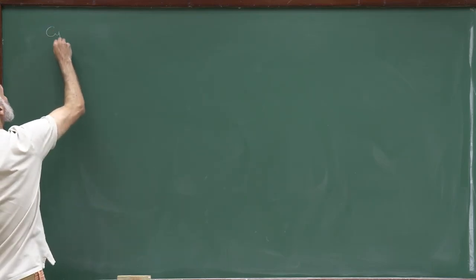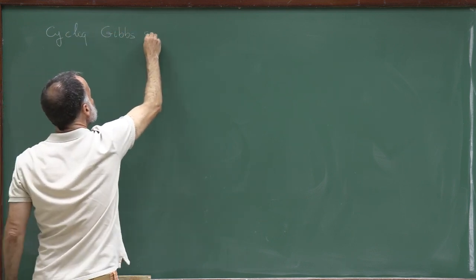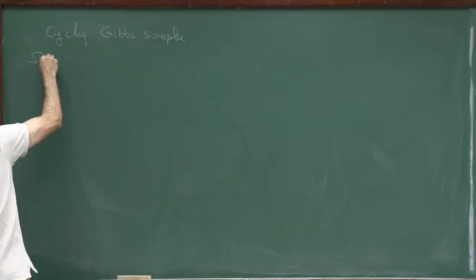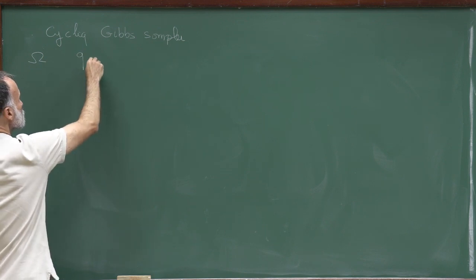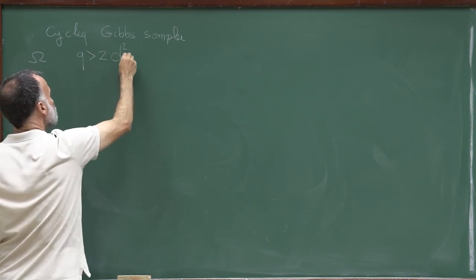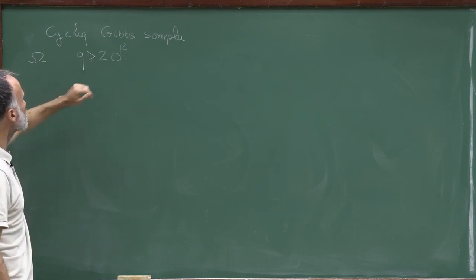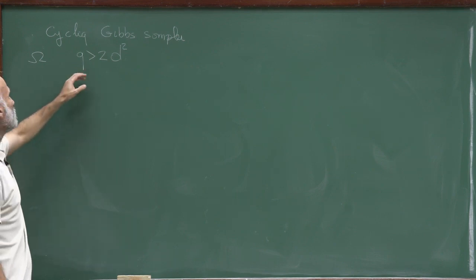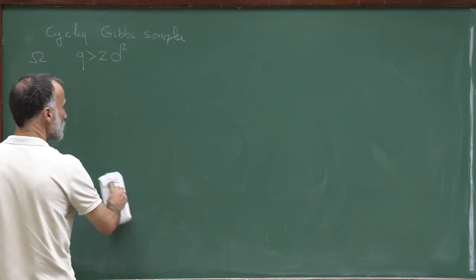So here is the cyclic Gibbs sampler, and omega will be my state space, and I will be assuming that there are many colors, so that Q, which is the total number of colors, is larger than 2d squared. We can improve on this assumption, but I want to make things as simple as possible, so let me assume that indeed there are many, many colors, because that will simplify the proof.